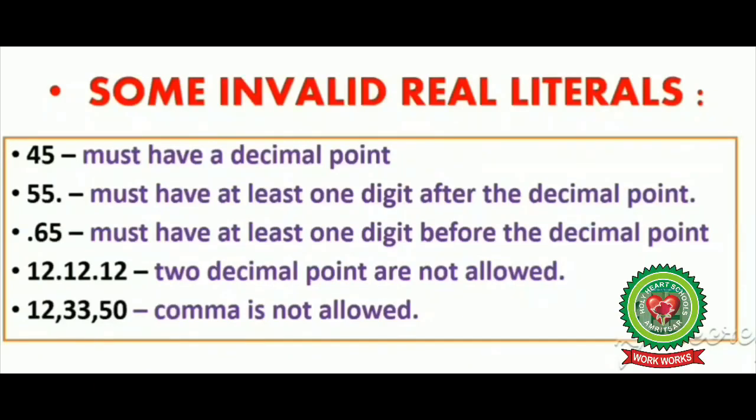You can see that before the point there is no digit, so this is also invalid. Number 4, 12.12.12: two decimal points are not allowed, so this is also invalid. Number 5, 12,33,50: there is no decimal point and there are only commas, so this is also invalid. Comma is not allowed.